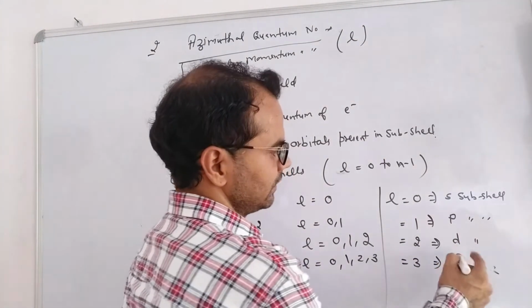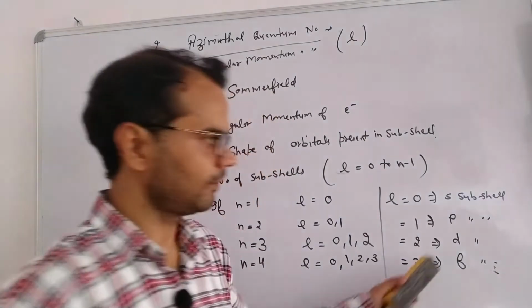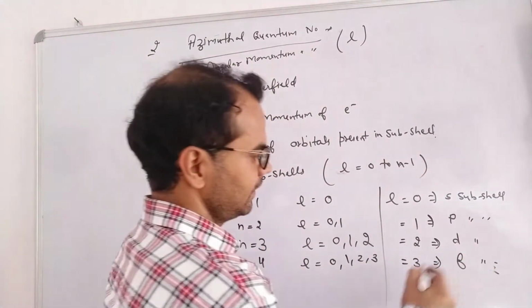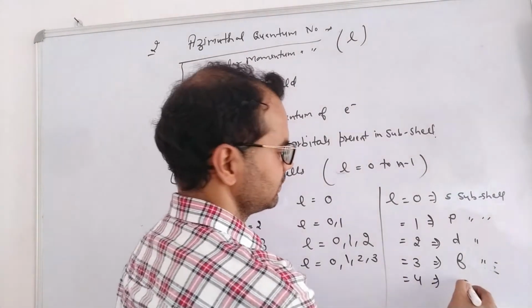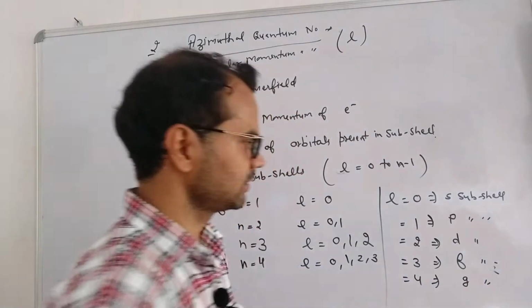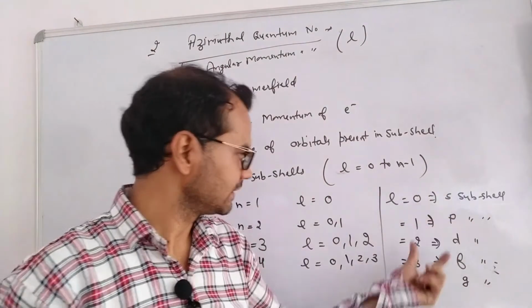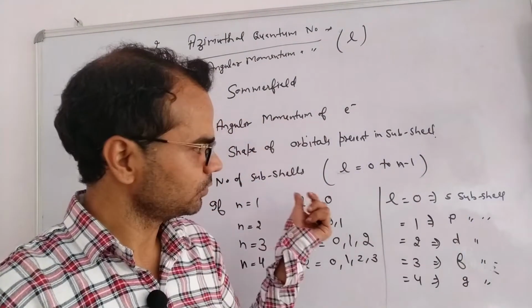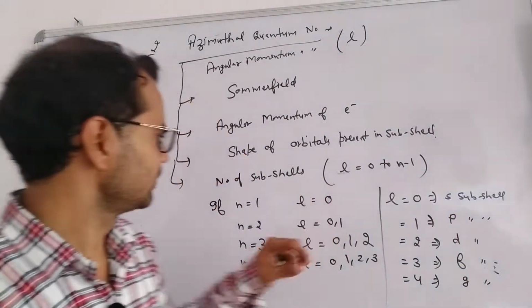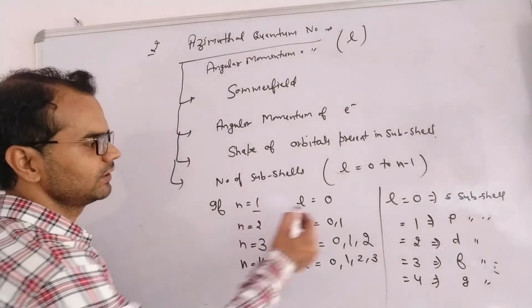If L equal to 3, the subshell is the f subshell. And if L equal to 4, it is the g subshell, and so on. So let's use these names here. We can say n equal to 1, l equal to 0.